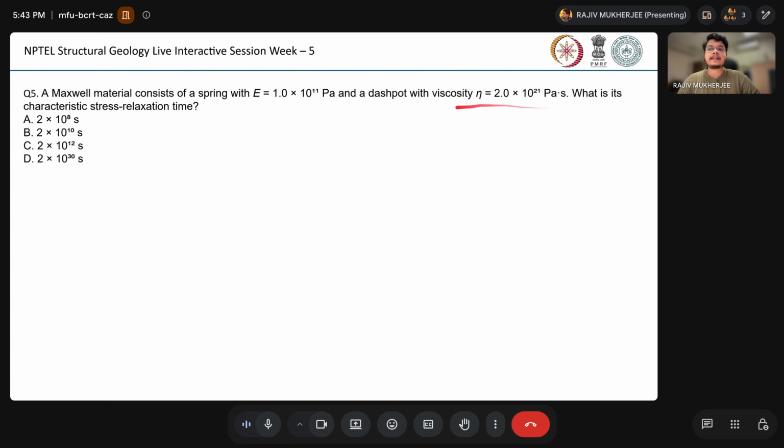What is its characteristic stress relaxation time? Option A, 2 × 10^8, 2 × 10^10, 2 × 10^12, or 2 × 10^30 seconds.